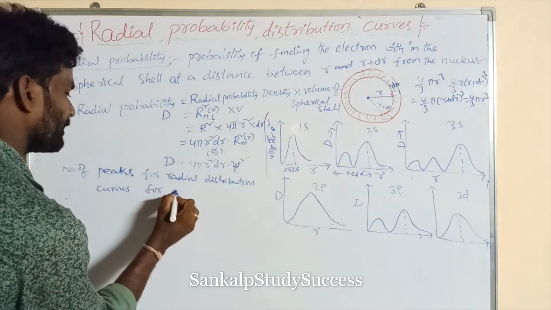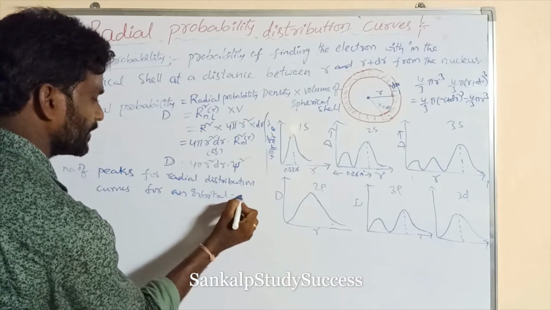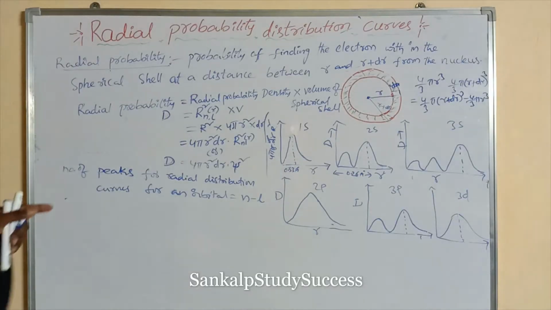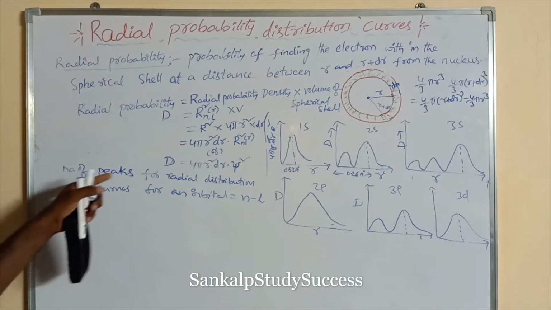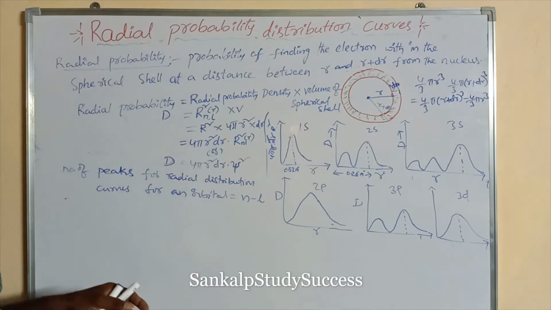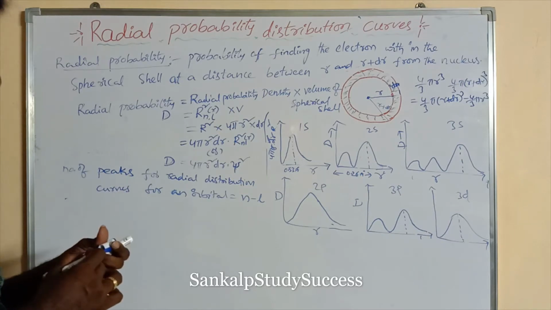for an orbital is equal to n minus l. What is the formula? The number of peaks in a radial distribution curve for an orbital is equal to n minus l, where n is the principal quantum number and l is the azimuthal quantum number.